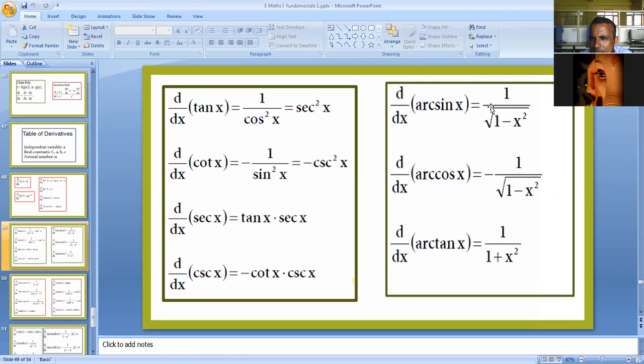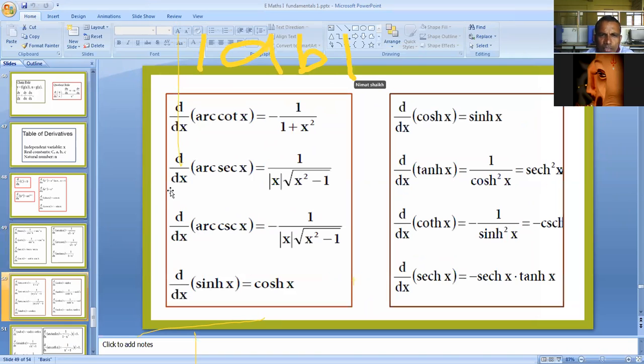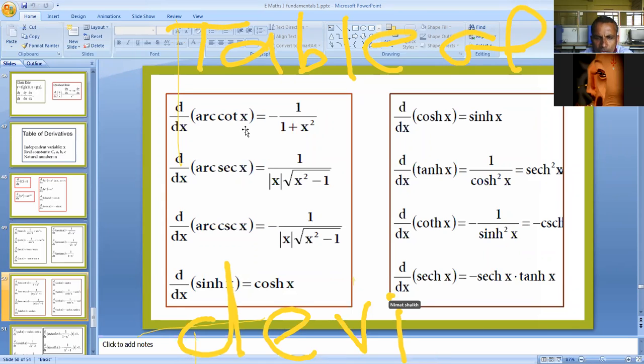Minus. It is same as that of sine. Minus 1 upon root of 1 minus x square मिळालं. आता नेक्स्ट बघा, d by dx of tan inverse of x. Tan inverse of x काय असणार? 1 upon 1 plus x square. 1 upon 1 plus x square. कळलं? What is that next? d by dx of cot inverse of x. आता cot inverse of x म्हणजे काय असेल? It is same as that of tan inverse, minus 1 upon 1 plus x square.